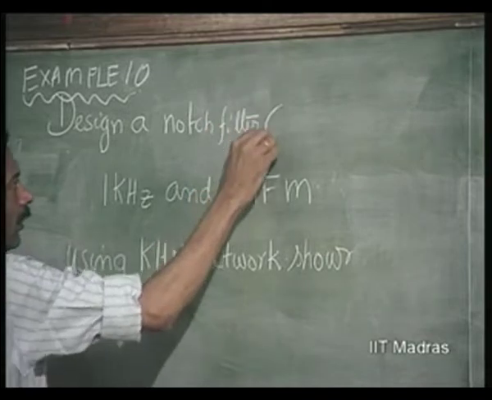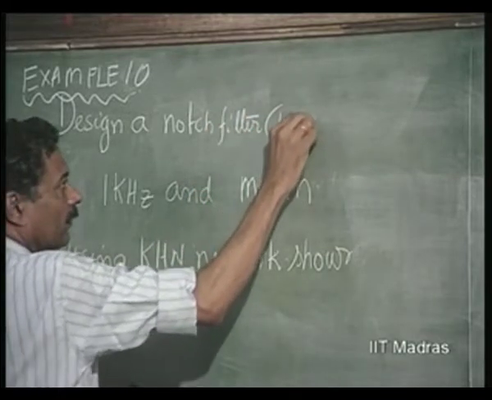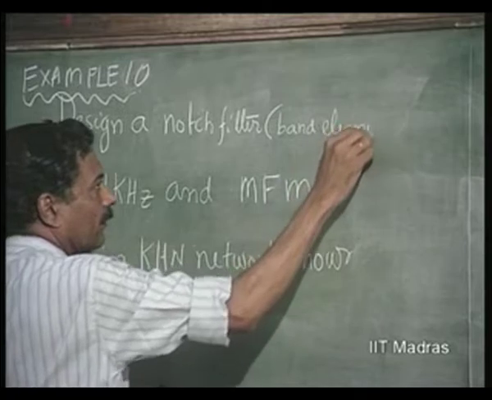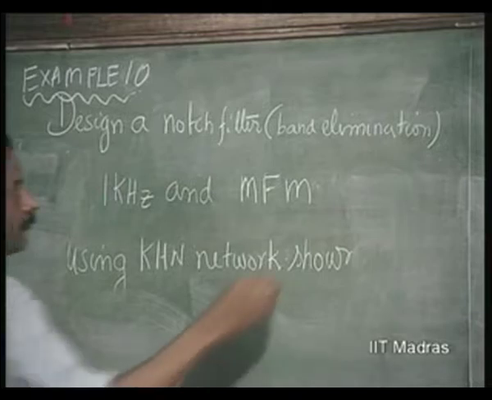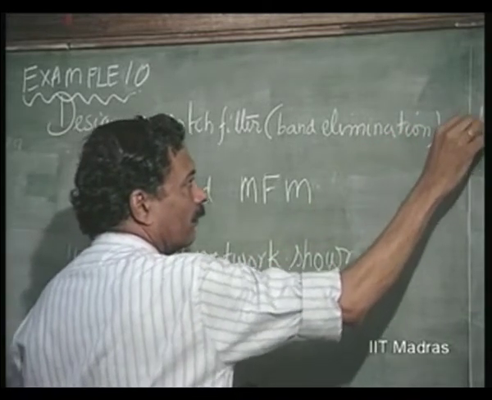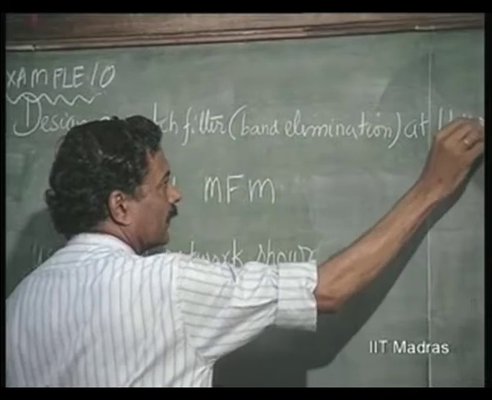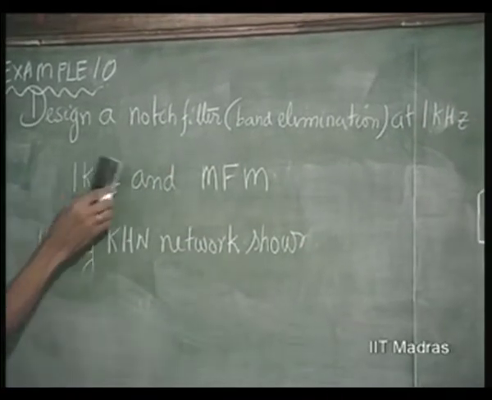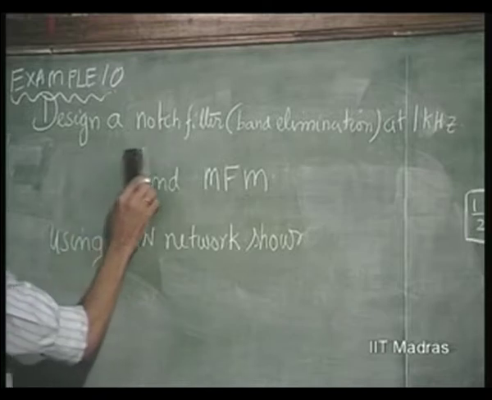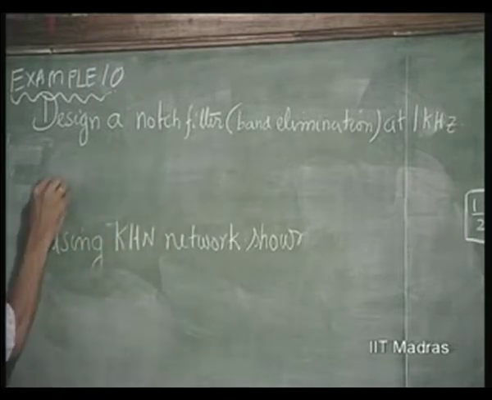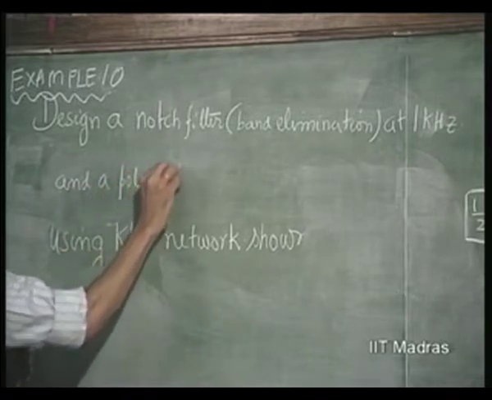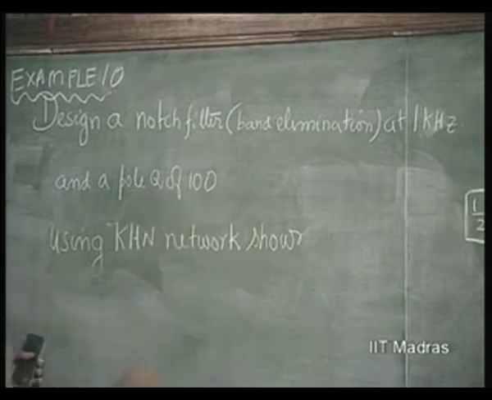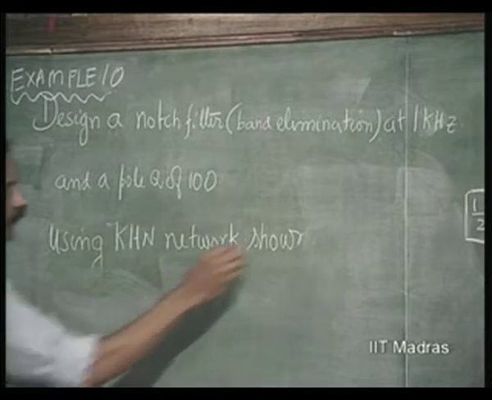This is also called band elimination filter. At 1 kilohertz, notch at 1 kilohertz. And a pole Q of 100 using KHN network shown.